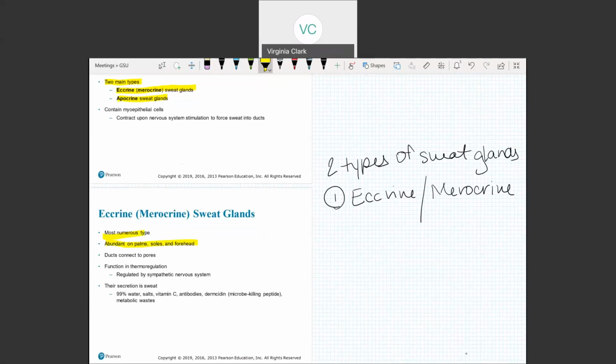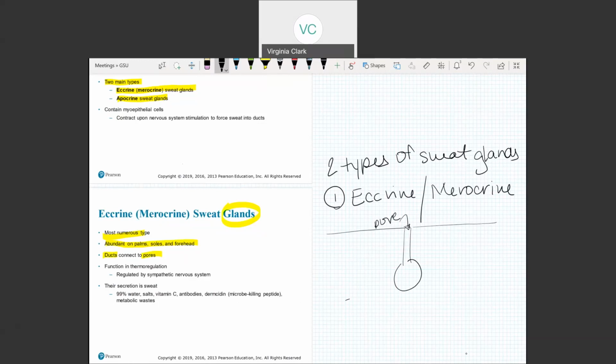These are important because any of these ducts, remember we're talking about a gland, connect to a pore. So if this is the surface of my skin, essentially there's going to be a duct and the gland will actually be found at the bottom. This will be on the external. This is your pore. So this is your eccrine or merocrine gland.